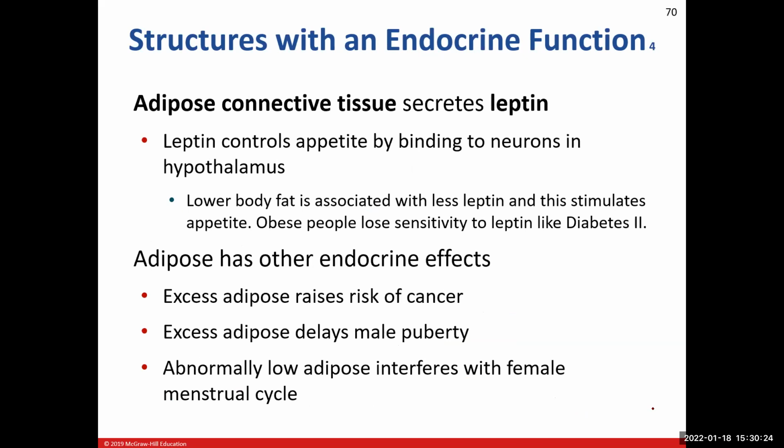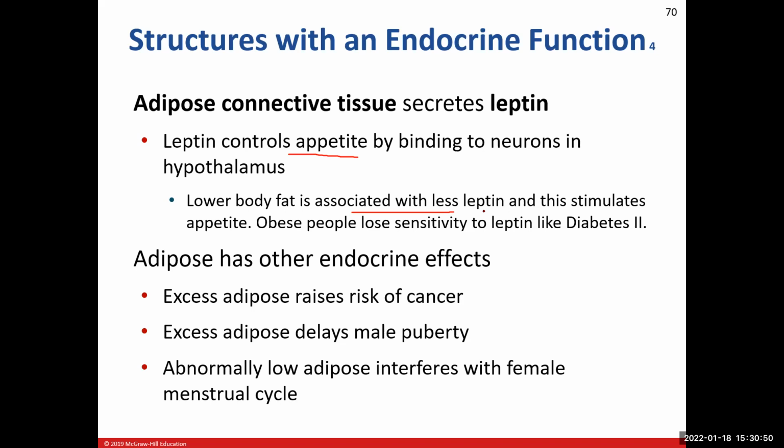And then finally, adipose tissue. We have this substance called leptin, and leptin helps to control our appetite here. So folks in general that have a lower body fat are going to produce less leptin. And so if they're producing less leptin, that's going to stimulate their appetite less often.